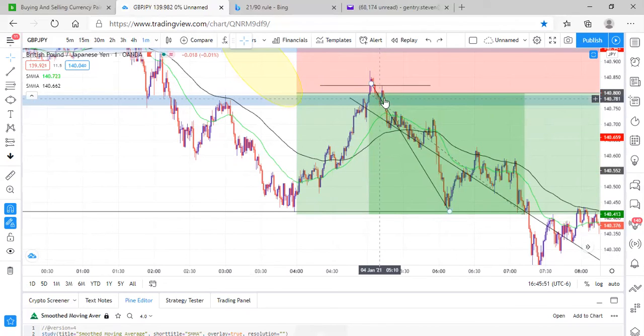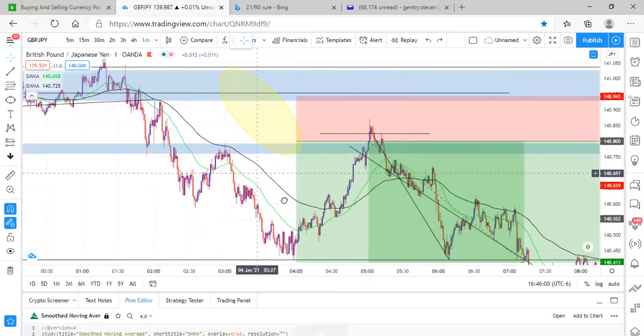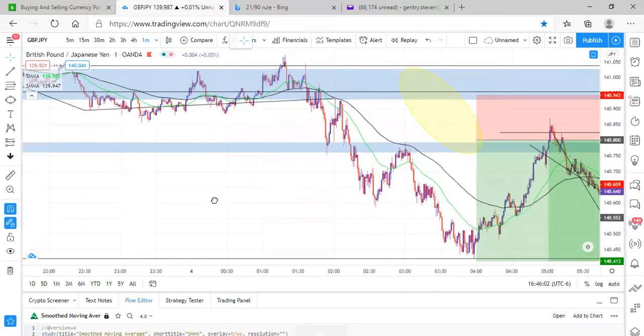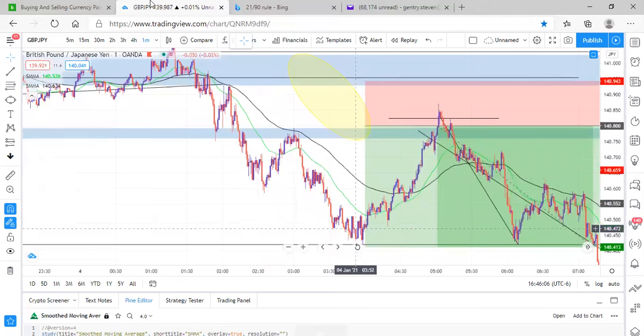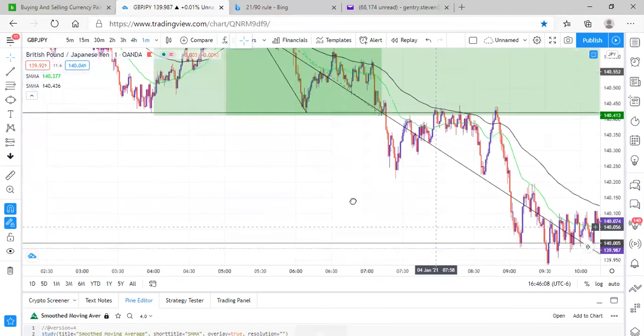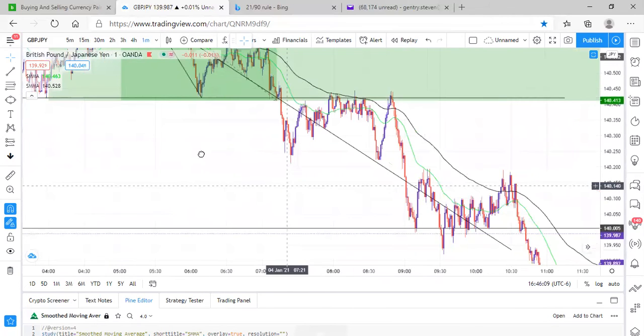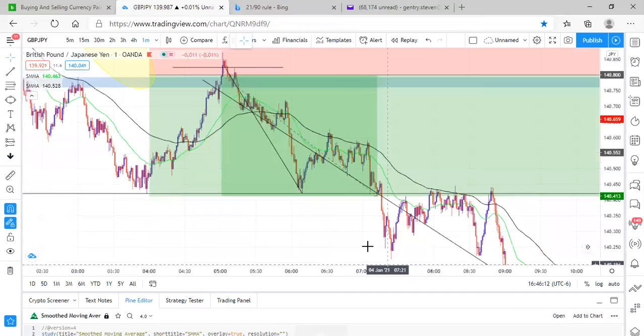Then I wanted to see what price was gonna do. Price came up here and it rejected. Once I got that rejection, I just instantly got in. I'm just gonna go with what I see. I sold it to these lows. As you see, price kept dropping.